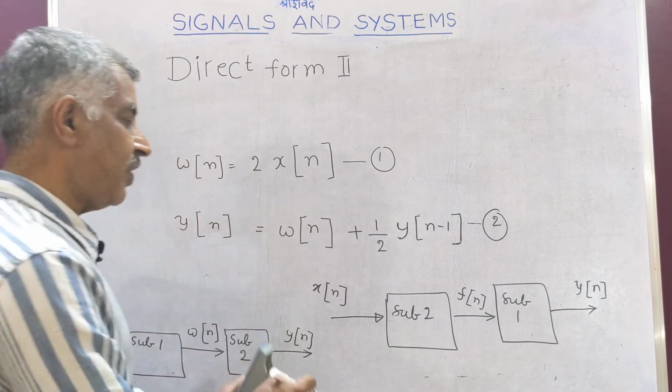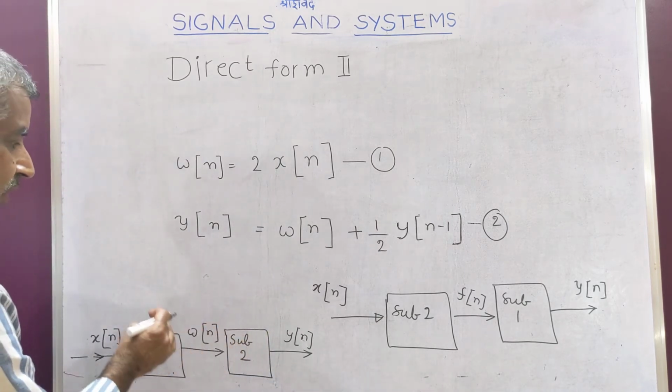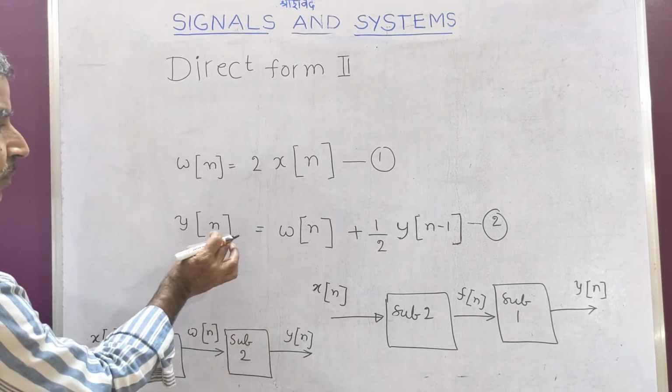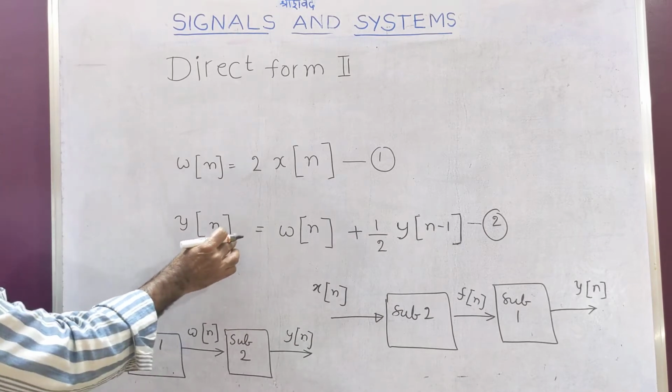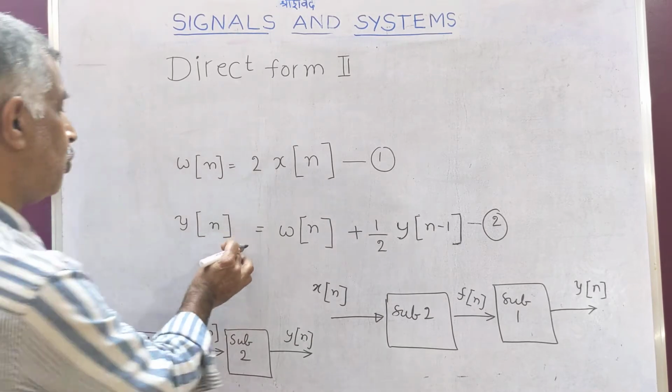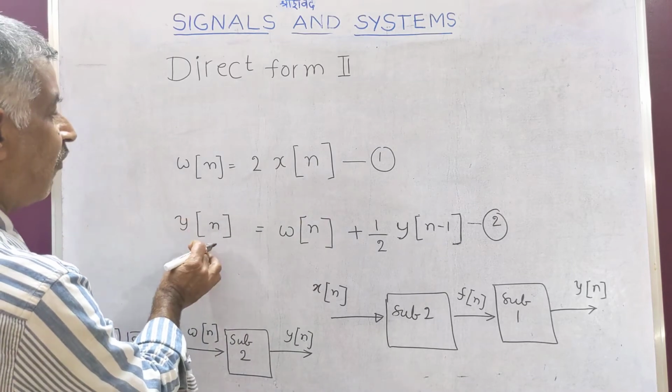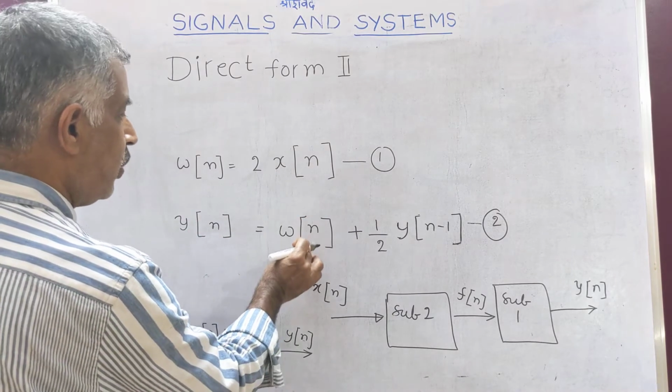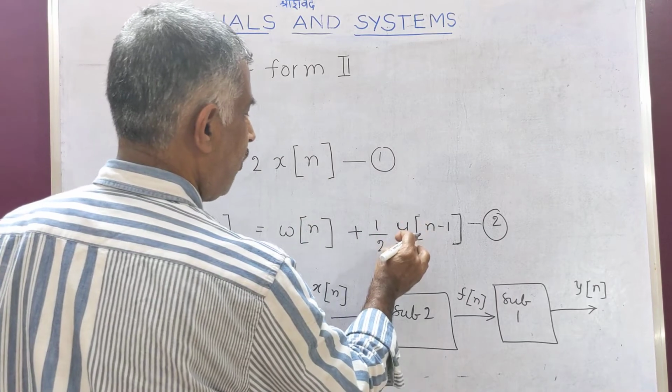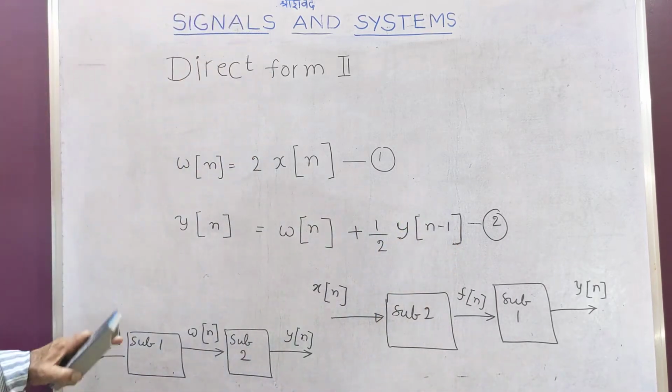In the earlier form, this was the equation for subsystem 2, that is, y of n equal to w of n plus half y of n minus 1.